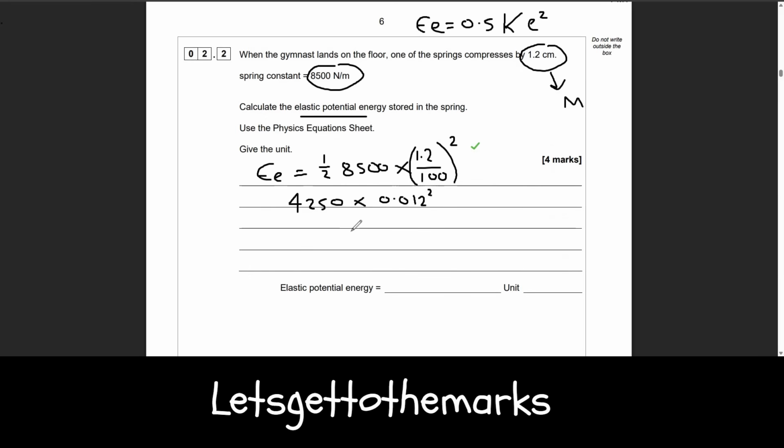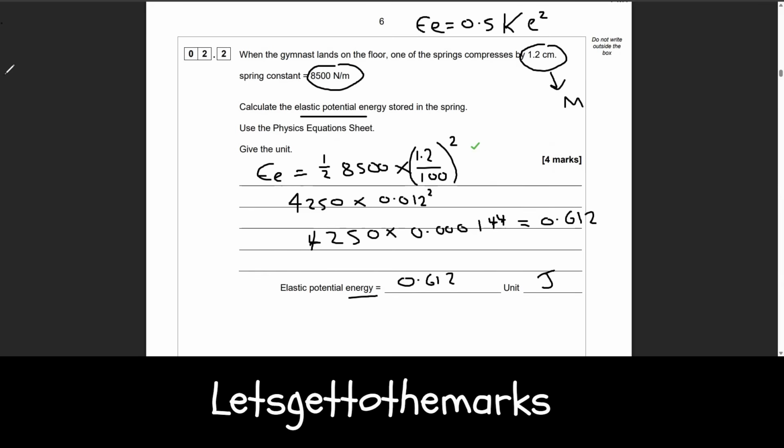So 0.012 times 0.012, or squared, is 0.000144. So 4,250 times 0.000144 equals 0.612, and that's the elastic potential energy, 0.612. Now what I want to know is, what's the unit for energy? Well, the unit is joules.